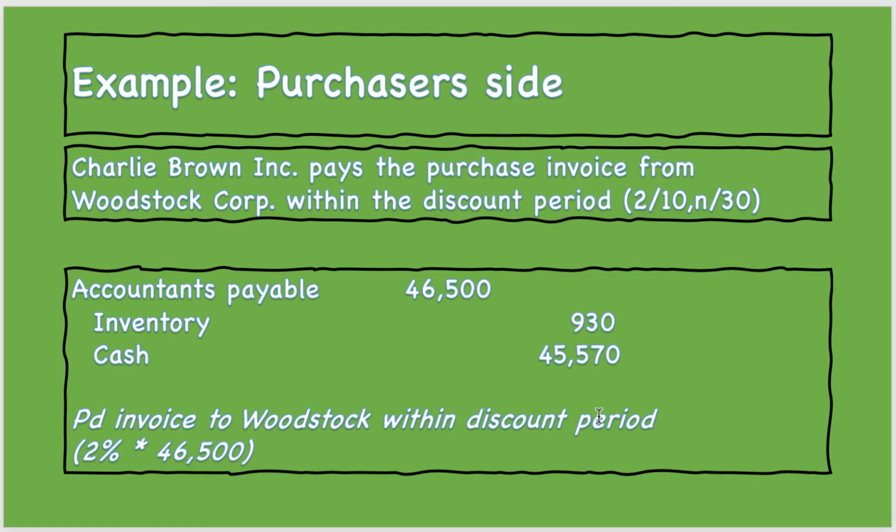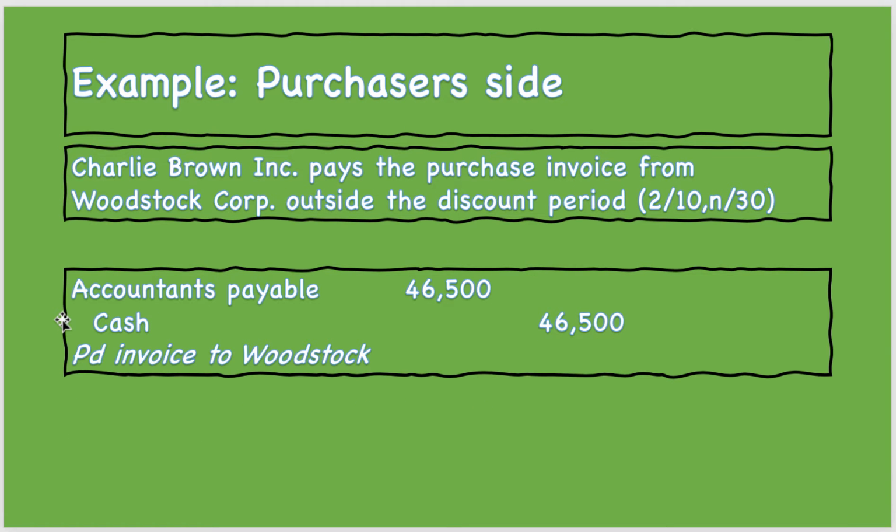And then we're going to decrease our cash for the invoice price minus the discount, which is $45,570. This is the journal entry you need to make whenever a buyer pays for merchandise within the discount period.